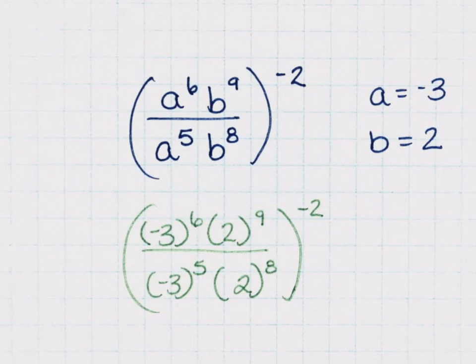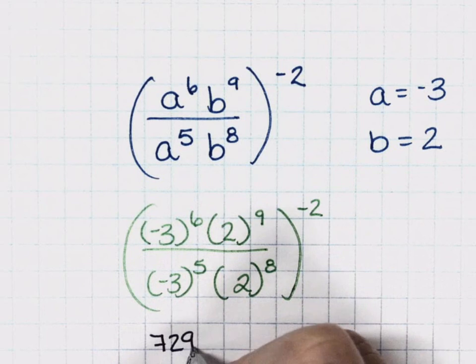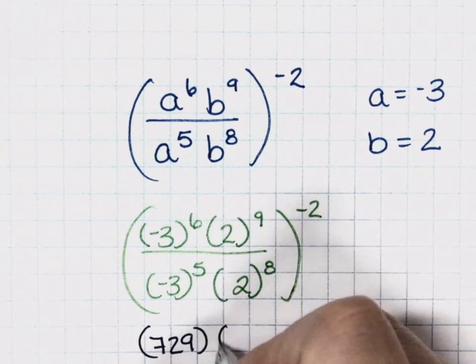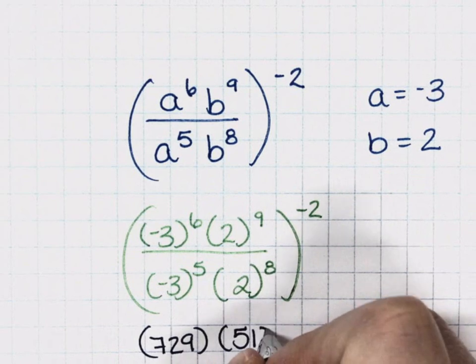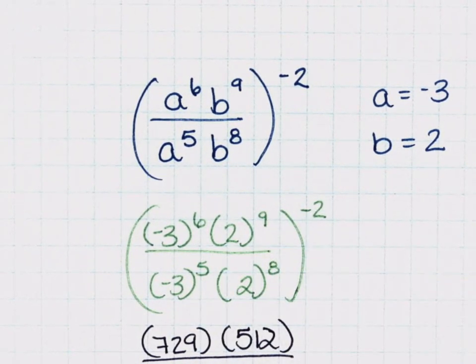So in my calculator, I'm putting negative 3 to the exponent 6. Holy Hannah, that's a big number, 729. And then 2 to the exponent 9 is 512. All over negative 3. Oops, I forgot my brackets on that, so that would have been a wrong answer.